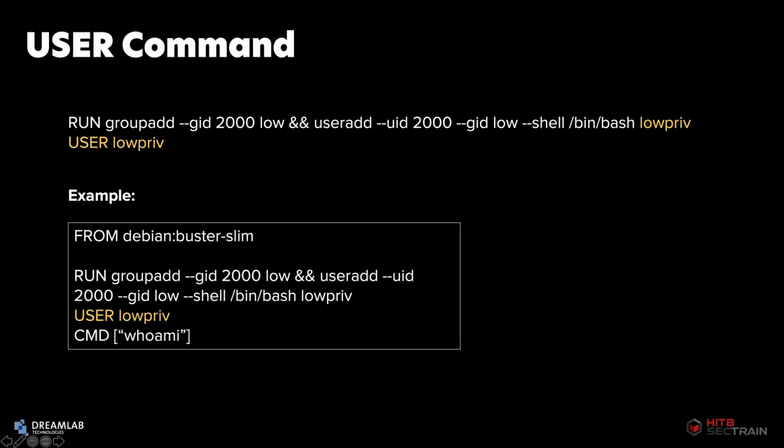That's why we can see here in this example, we first create the user ID and group ID, and then with the USER command we specify that we want to use this user for running the next statements, right? Let's see this in practice.